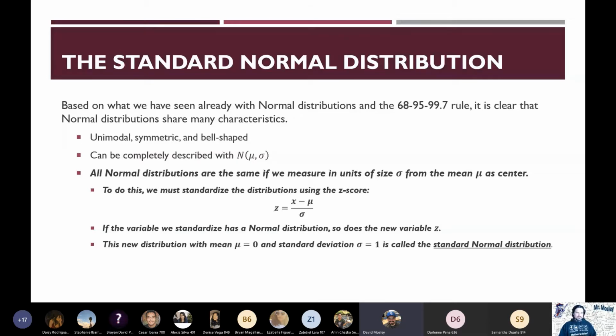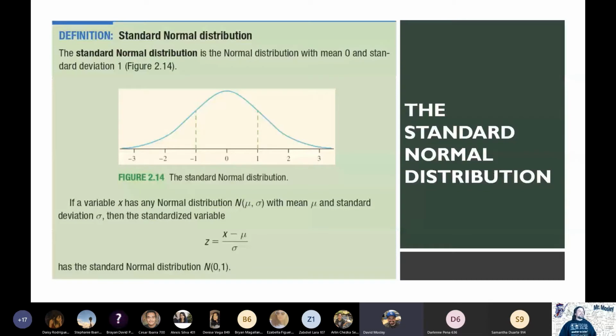Next. Here is our formal definition from the textbook of the standard normal distribution. The standard normal distribution is the normal distribution with mean 0 and standard deviation of 1. That's what we see in this picture here. We go from 3 deviations to the left to 3 deviations to the right, and we have our curve.